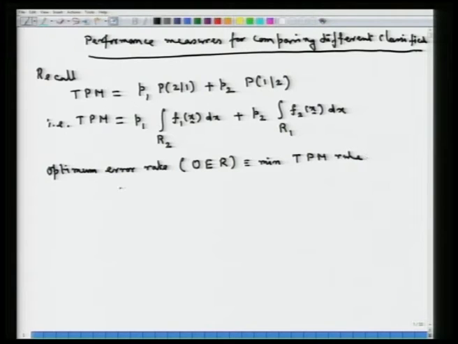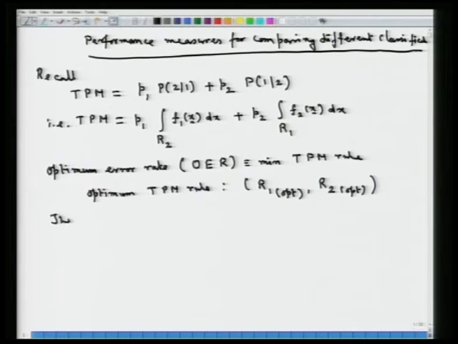Suppose this optimum TPM rule is given by the partition R1 optimum, R2 optimum. So, this gives us the minimum total probability of misclassification.